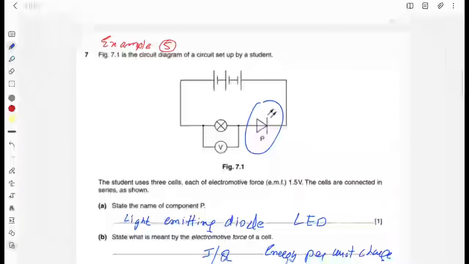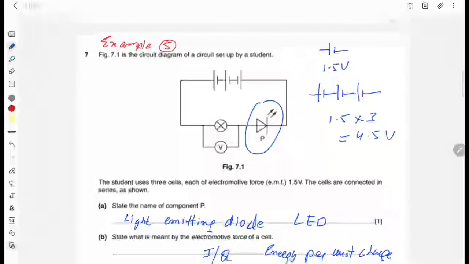Each cell is of 1.5 volt, and if I connect 3 cells in series, then this is the correct diagram. If I connect 3 cells in series, my resulting voltage is 1.5 times 3, which is 4.5 volt, and this is what the student is expecting.